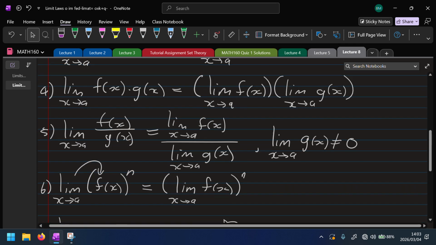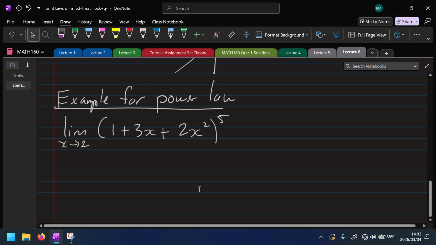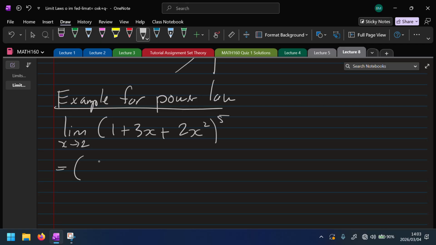What this rule tells us is that the limit on the outside can jump inside. So we can write this as the limit as x goes to 2 of 1 plus 3x plus 2x squared, all to the 5. We can ignore the exponent and the limit can just jump inside. Any questions on that? All good.